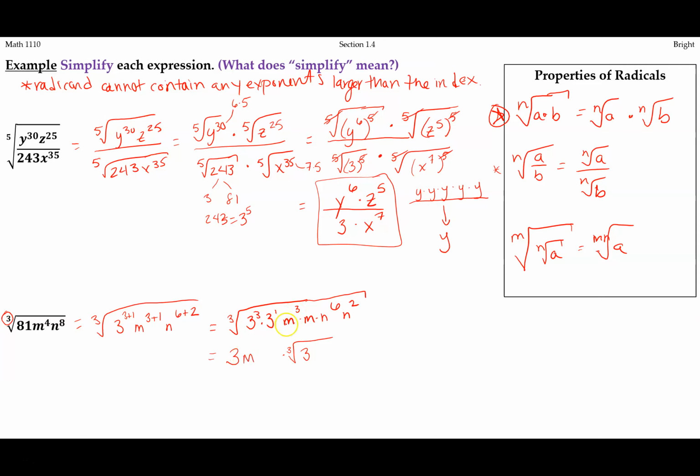It's an odd root, so I don't have to worry about absolute values, but if I had an even root, it would need to be absolute value. n to the sixth would come outside as n squared. Oh, and I forgot that m right there. The other m here would stay underneath. And then n squared would also have to stay underneath because it has an exponent less than the index.